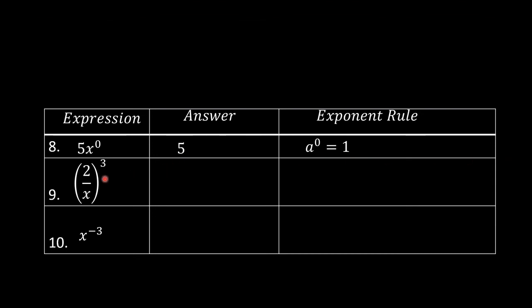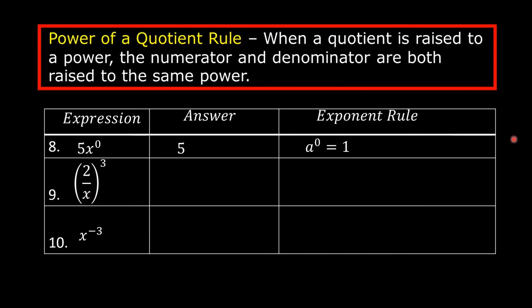Number 9. 2 over x, all cubed. According to the power of a quotient rule, when a quotient is raised to a power, the numerator and denominator are both raised to the same power. So, raise 2 to the power of 3, raise x to the power of 3.